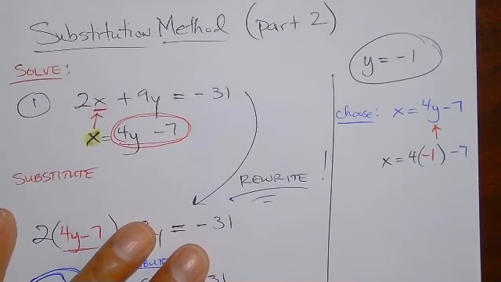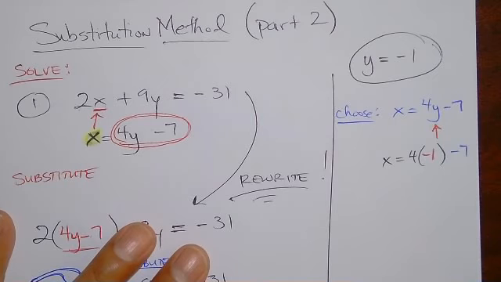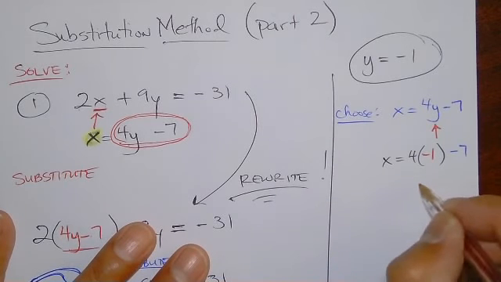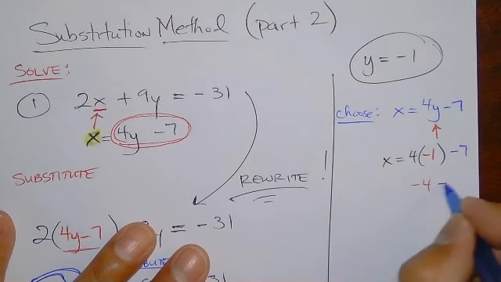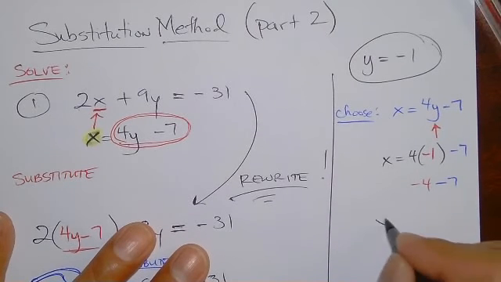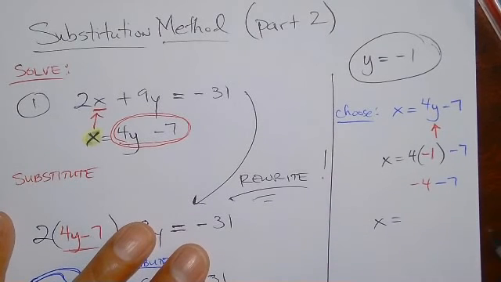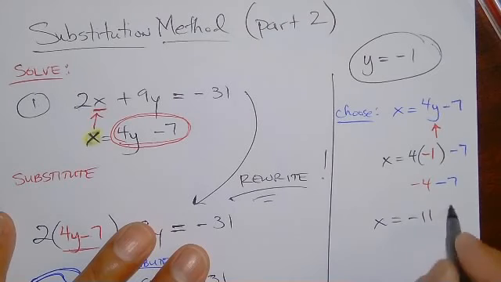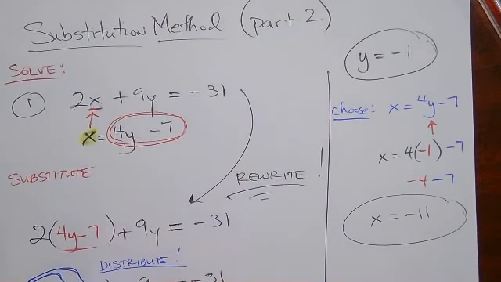Don't forget this second part there. Okay, what does that give you? It gives you negative 4 take away 7. X is equal to whatever negative 4 take away 7 is. Okay, that is a what? X is equal to negative 11.